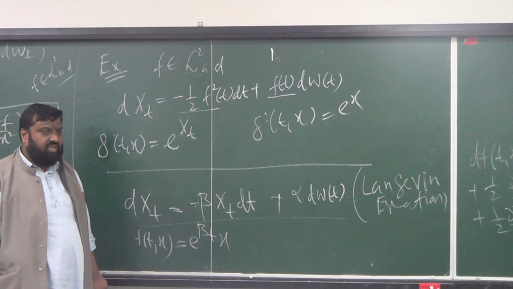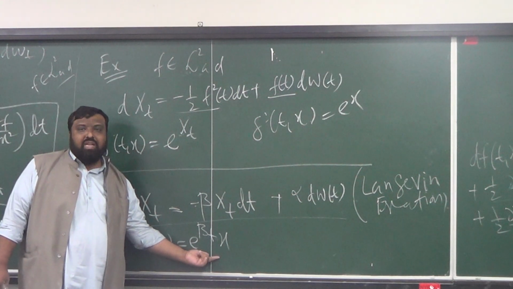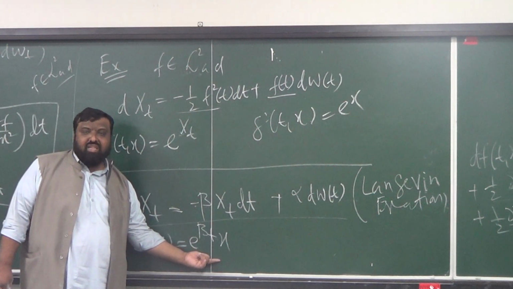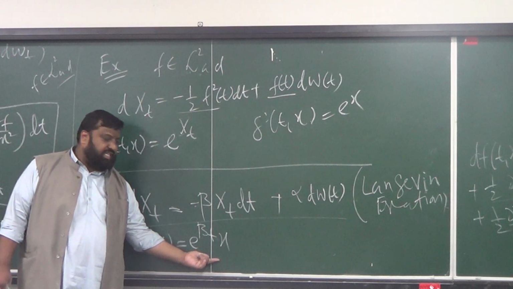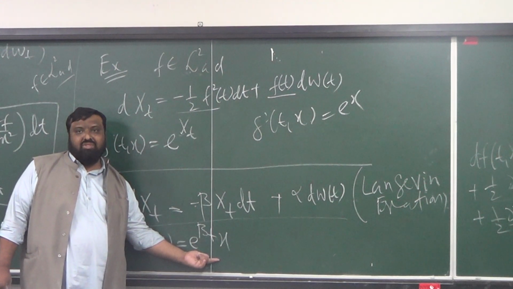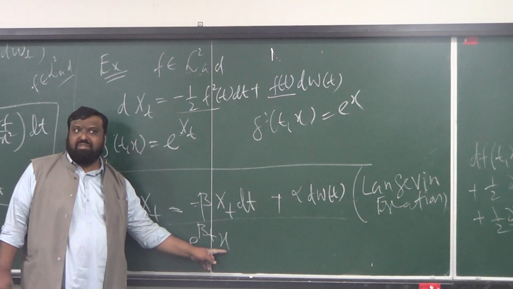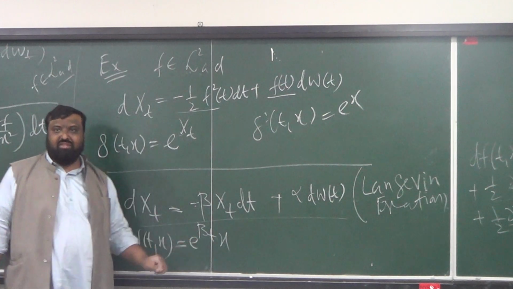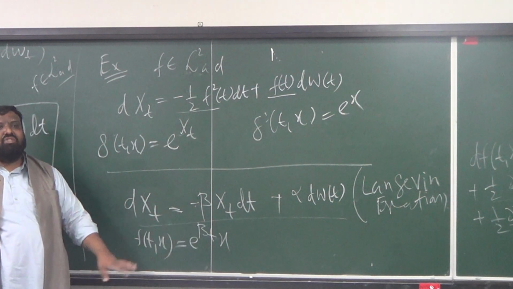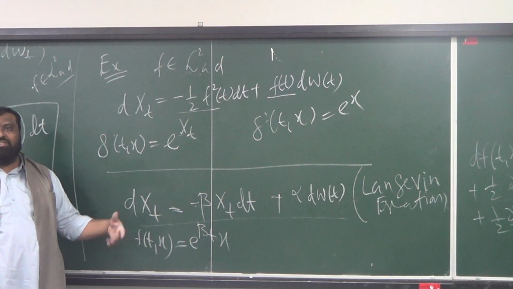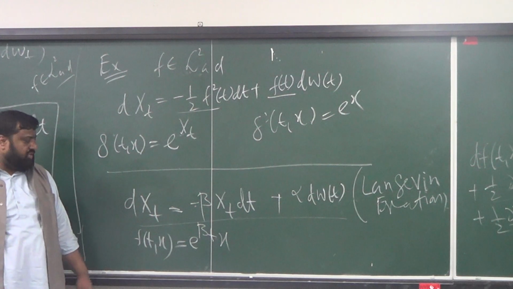I'm going to apply Ito lemma on this and then divide everything by e to the beta t. So what I'm going to have is only X, and X is X_t. So that's a trick. I have the solution. In the next discussion, we're going to talk about how to solve linear stochastic differential equations like we solve ordinary differential equations. That will be our next problem.